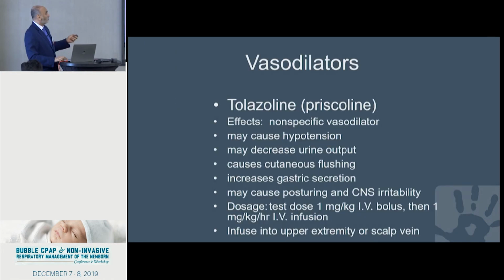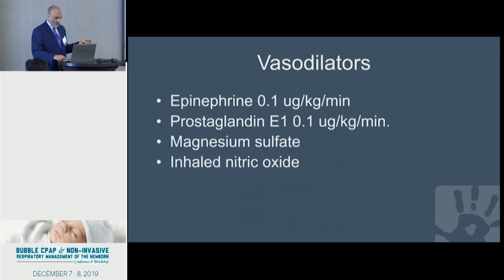So now we'll talk about the use of vasodilators. Dr. Wang mentioned priscoline. I probably will not talk long about it because it was a non-selective pulmonary vasodilator that caused vasodilatation everywhere, and we hardly use it now.